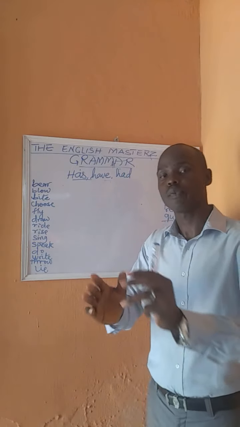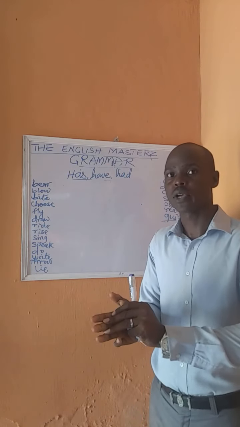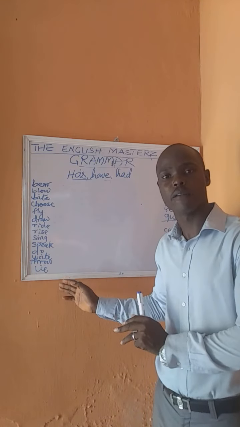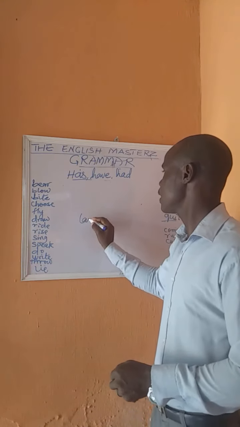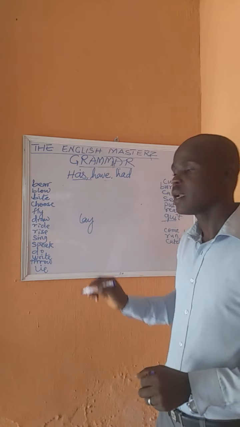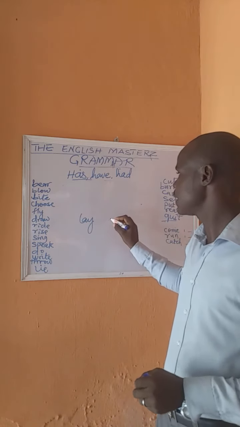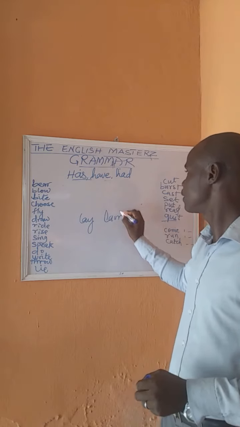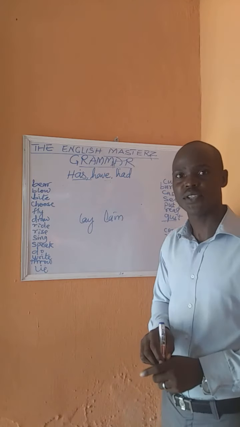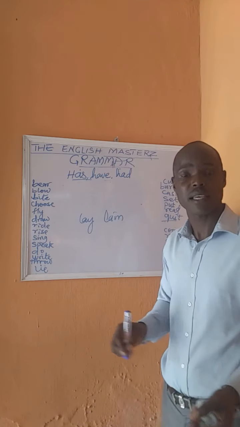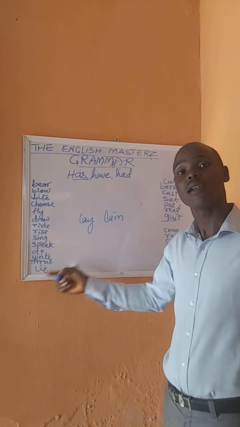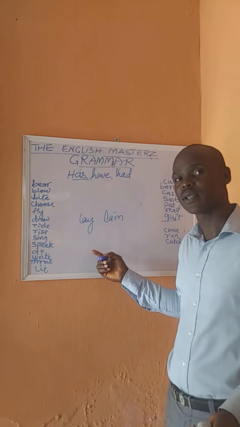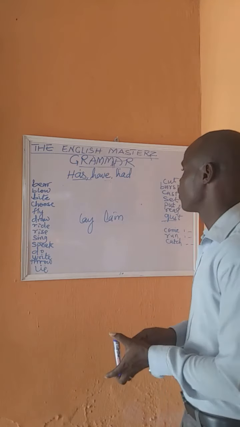Now the past tense form of lie here is lay, L-A-Y. And the past participle form is lain. Did you see? So we say he has lain, not lie or lay. Do you understand? Fine.